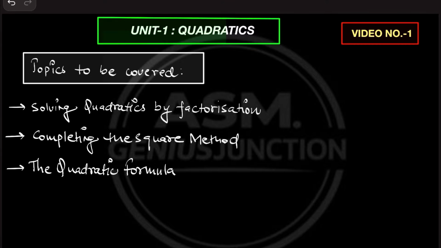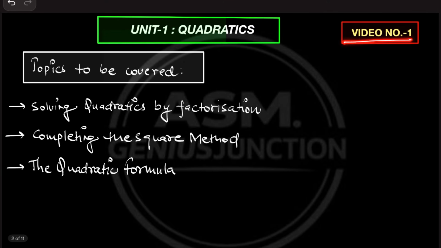Unit 1 Quadratics. The topics which will be covered in this video: number 1, solving quadratic equation by factorization. The process of factorization will involve the middle term splitting method. Then we will start with the completing the square method. The second method is the completing the square method. This method is very helpful in finding out the minimum or the maximum values of the quadratic function.